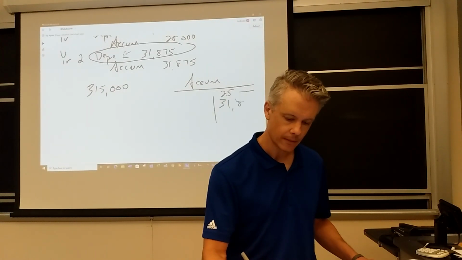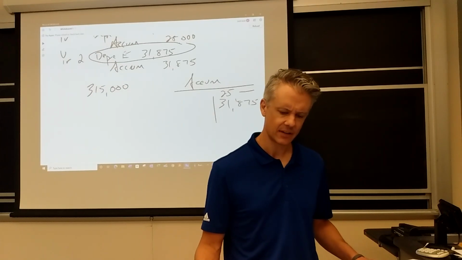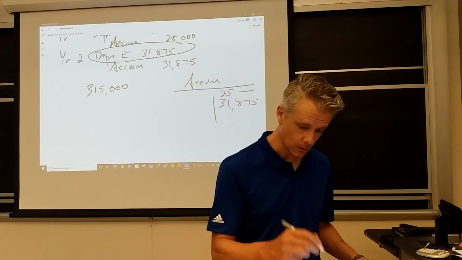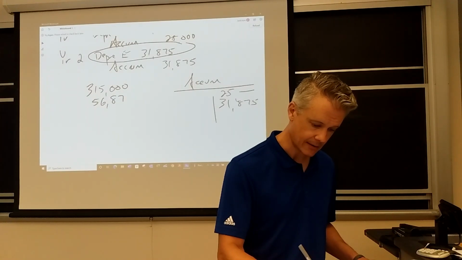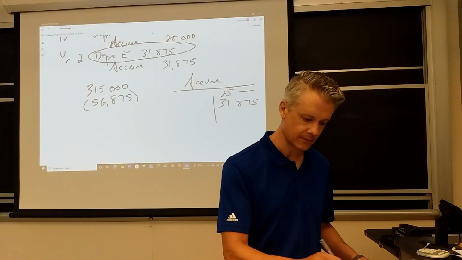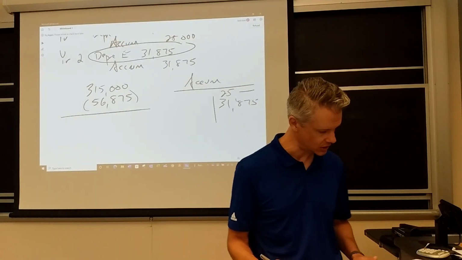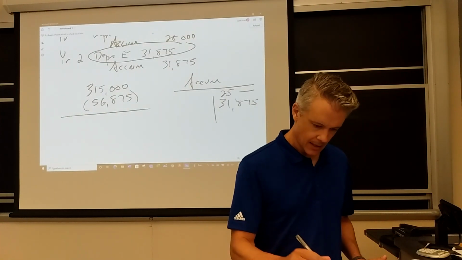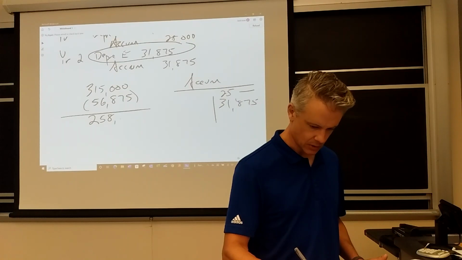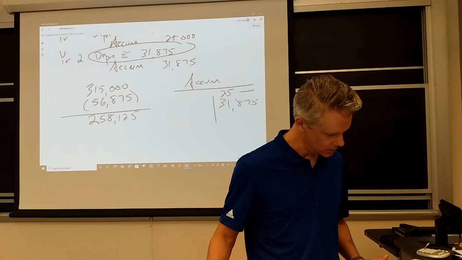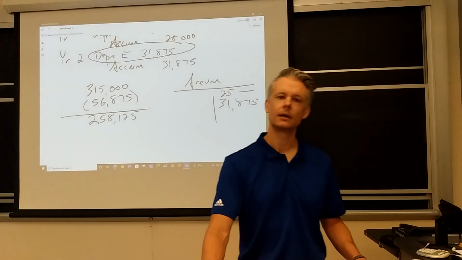We had $31,875 in year 2. That means we're going to wind up with $56,875 in accumulated depreciation. And that will give us a book value of $258,125.